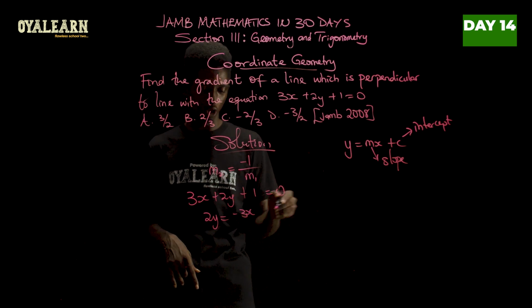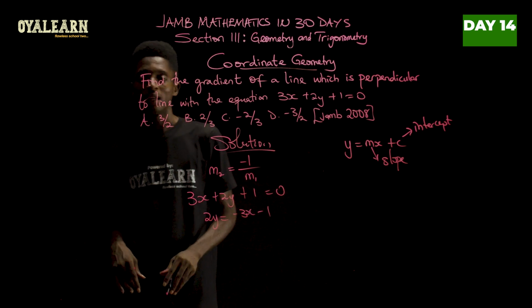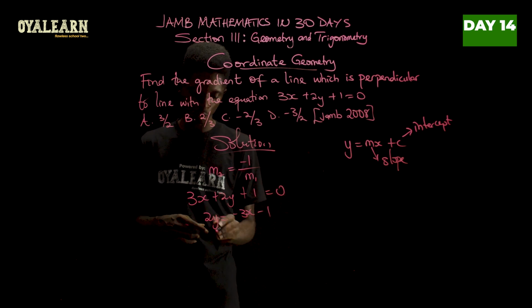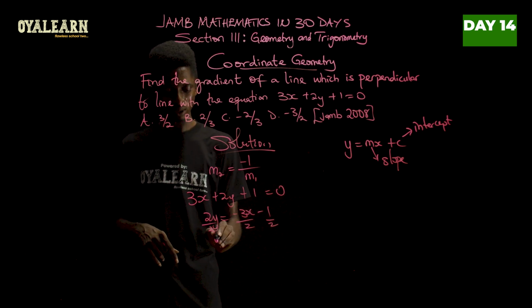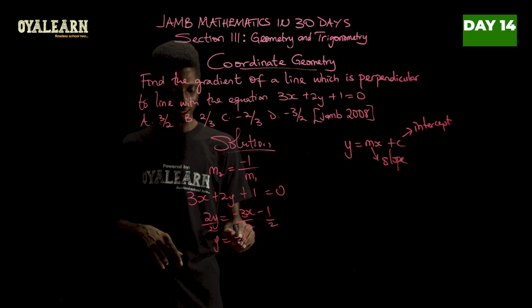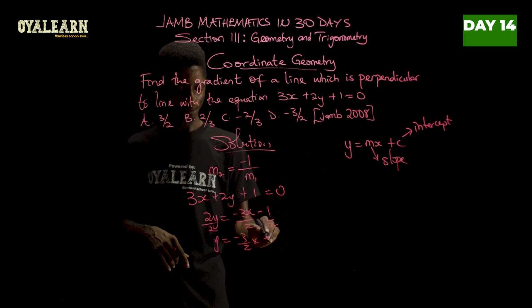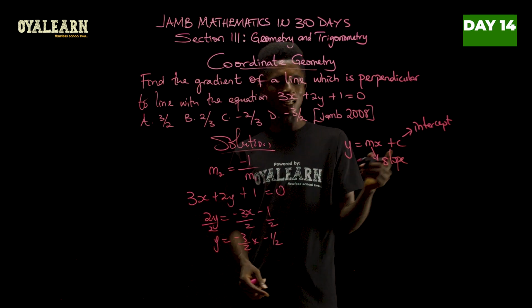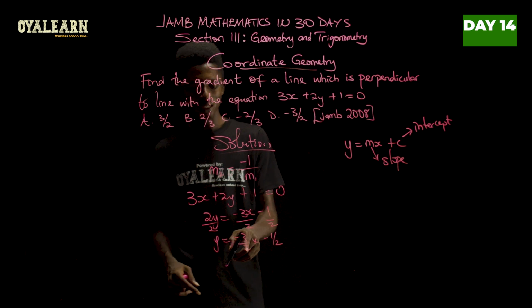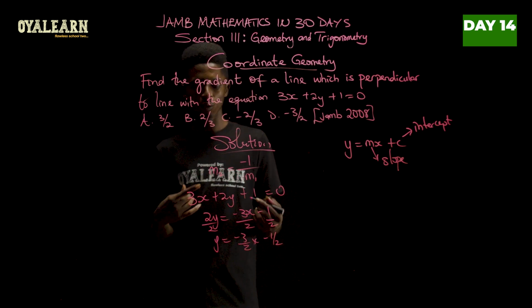And then plus 1 goes over, becomes minus 1. Now all we have to do is divide through by 2. So we see that we have y = minus 3 over 2 x minus half. So from here we can see that minus half is the intercept, while minus 3 over 2 is our m1.